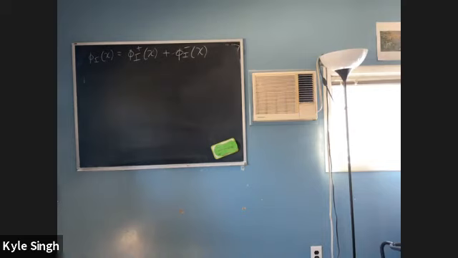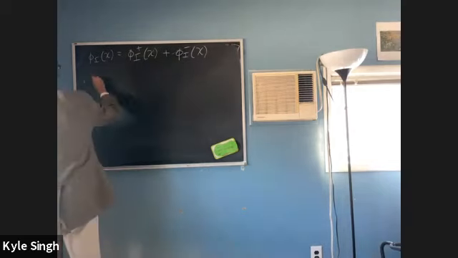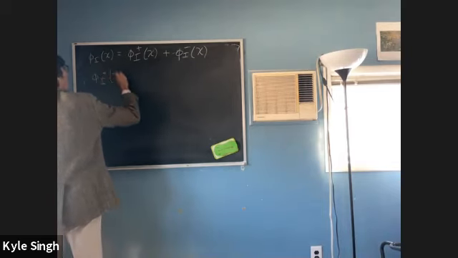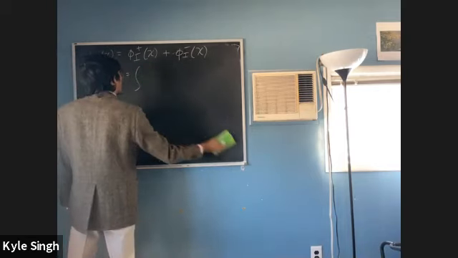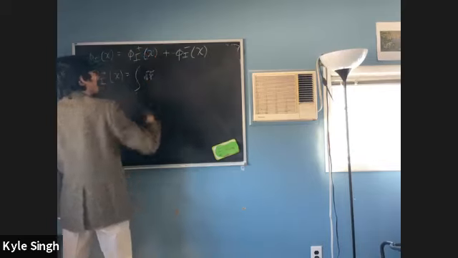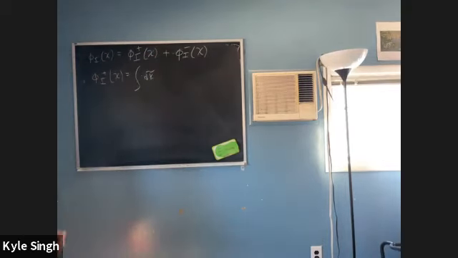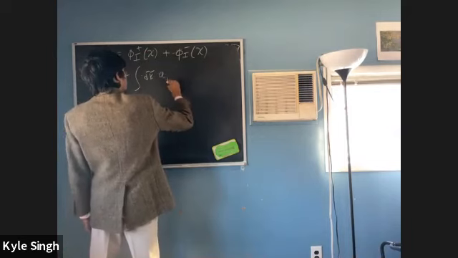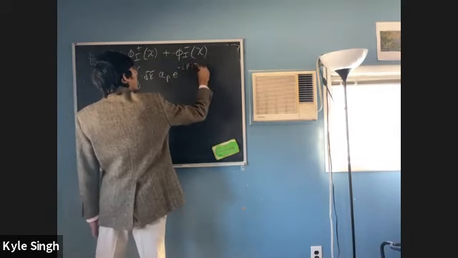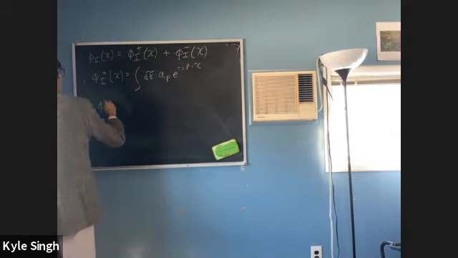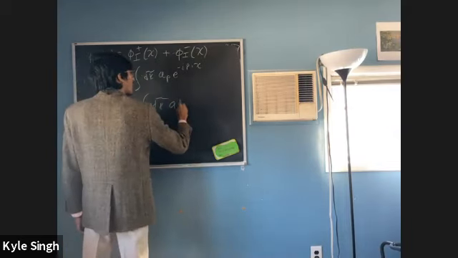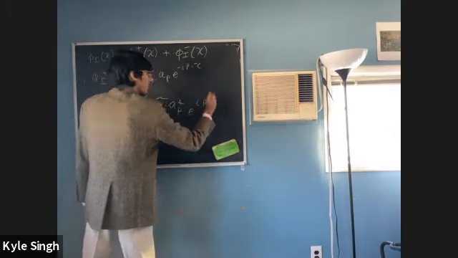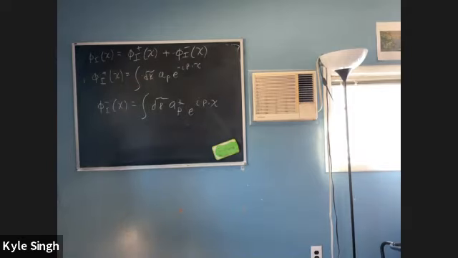I define the positive modes this way: phi_I plus of x is the integral of d^3p. I'm just going to write dk tilde now because I'm tired of writing all that; hopefully that's clear, that's just our standard normalization. Times a_p e^(-ip·x). And I put the negative energy modes in the Hermitian conjugate, a_p dagger e^(ip·x).